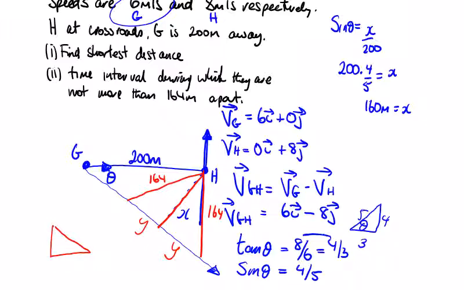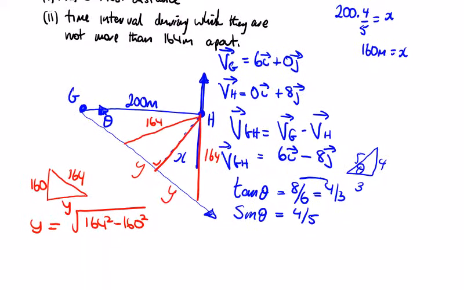So we have 160, the hypotenuse is 164, and y is the square root of 164 squared minus 160 squared. That works out to be 144, so y is 72 meters.